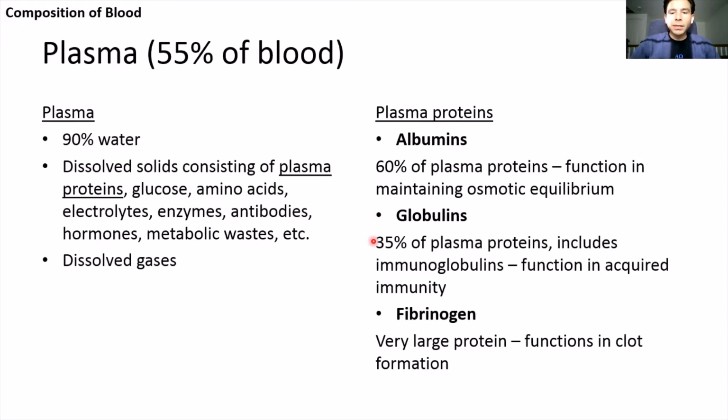About 35% of your plasma proteins are in the family of globulins, and some of the globulins are special and they're called immunoglobulins, and they function in acquired immunity. And then the third main type of plasma protein is fibrinogen, and this is a very large protein that is just hanging around in the plasma waiting to be activated in case a clot needs to form in the case of an injury. And I'll discuss that in just a moment.